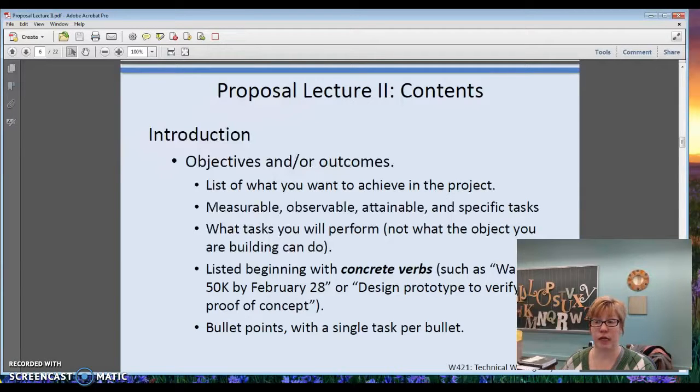You could say read some texts, but that's not really specific enough. So you might say, I'm going to read 3 trade journals and annotate 4 academic articles, right? So they're verb-based and they're actually specific. This is the one section that needs to be in a bulleted list. You can include a full sentence before it to introduce the list, but it actually needs to be a list.